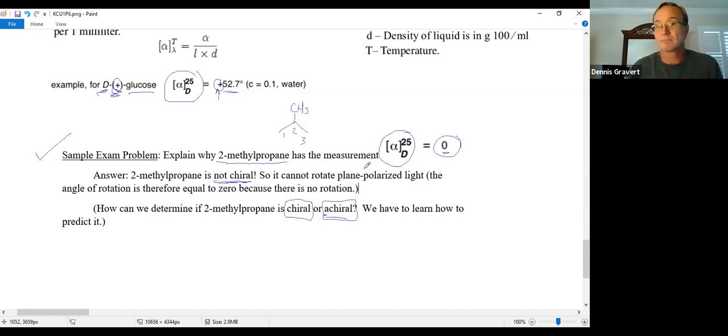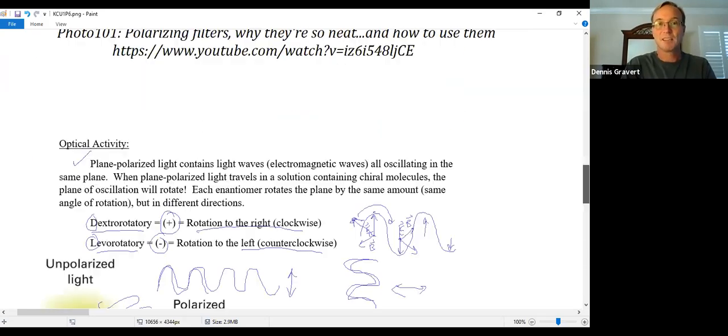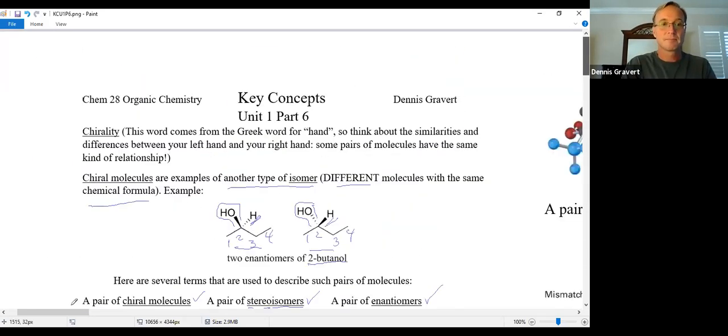That's an incomplete answer. You could say on the exam, this molecule is not optically active. It's not chiral. And then I would follow up by asking, well, how do you know? Explain why it's not chiral. To do that, we have to learn how to predict chiral molecules. Let's go up here. Oh, you know what?